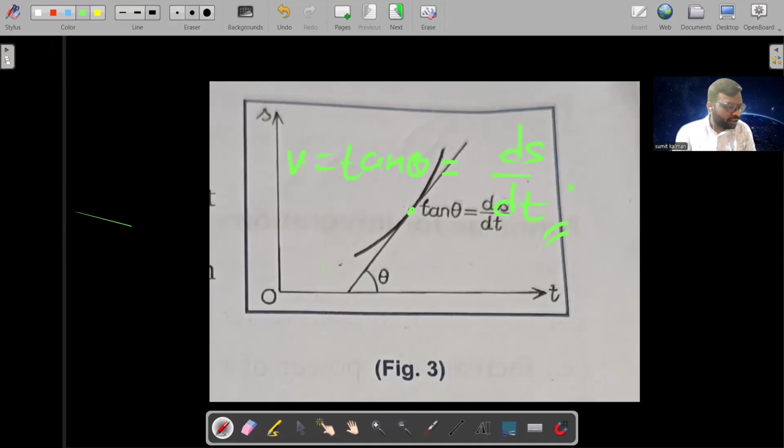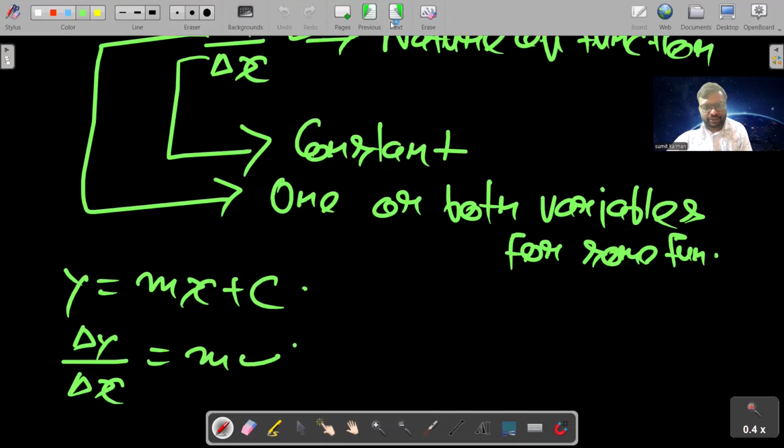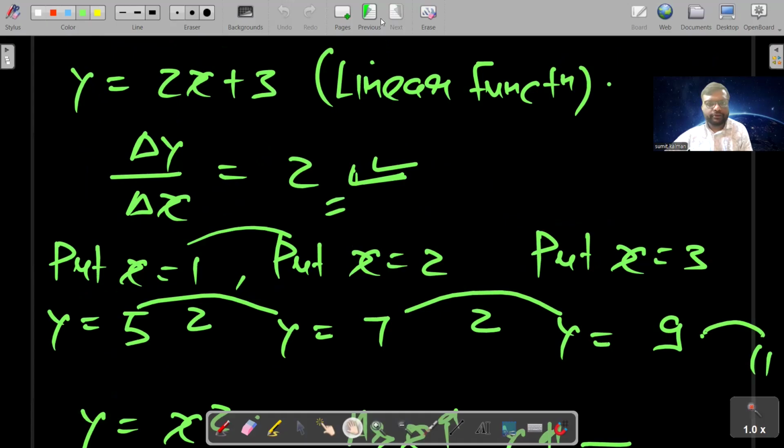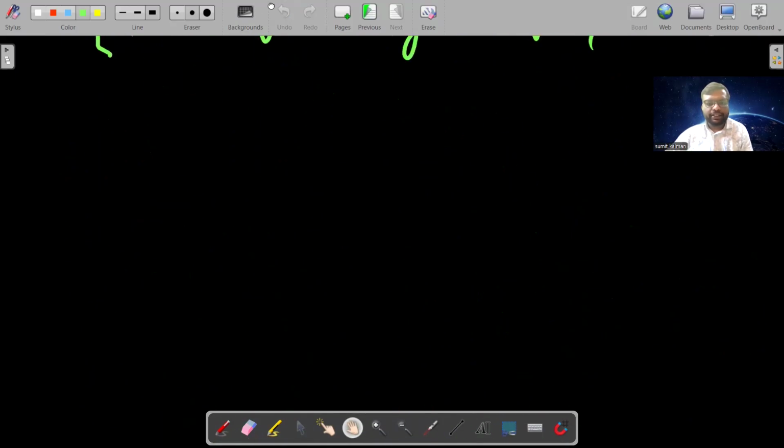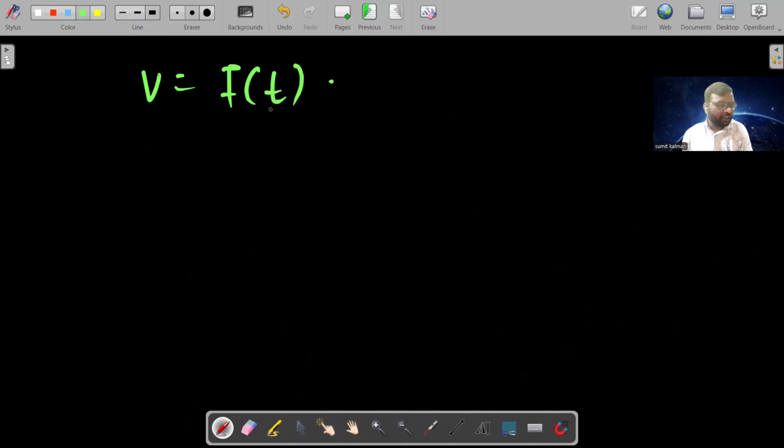Now next, students, we will talk about when the velocity is expressed in terms of time t. Suppose velocity is equal to a function of time. Then students, we can calculate acceleration.